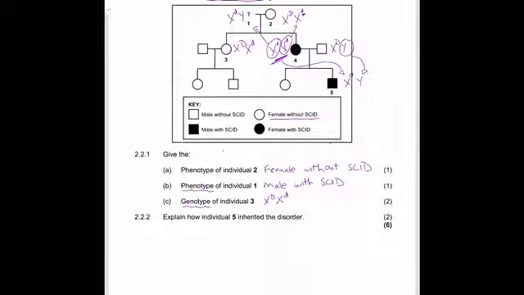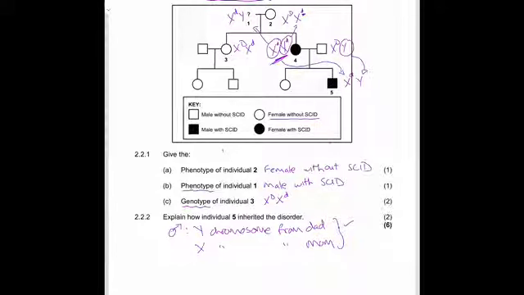So now, explain how individual 5 inherited the disorder. So you would say, because he's male, he gets his Y chromosome from his father, and his X chromosome from his mother. So that together would give you 1 mark.